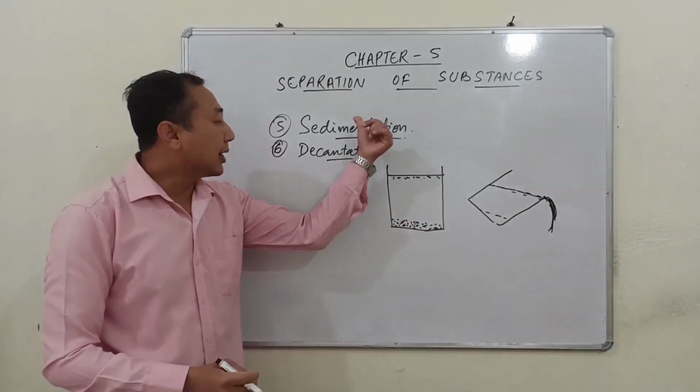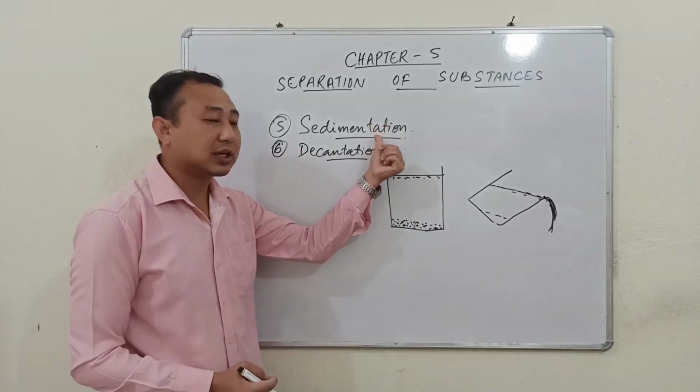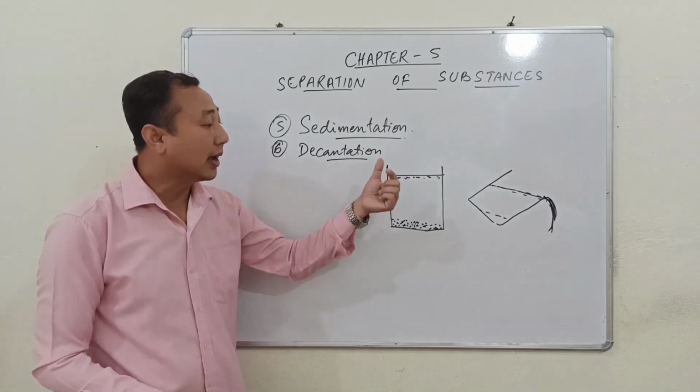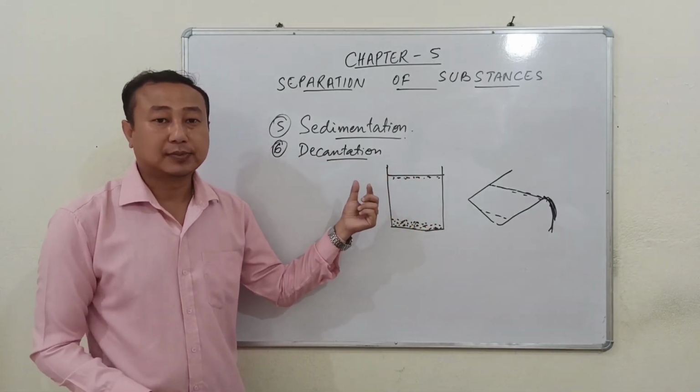So sedimentation and decantation go together. After the process of sedimentation, we perform the process of decantation so that the lighter particles and the heavier particles can be separated out.